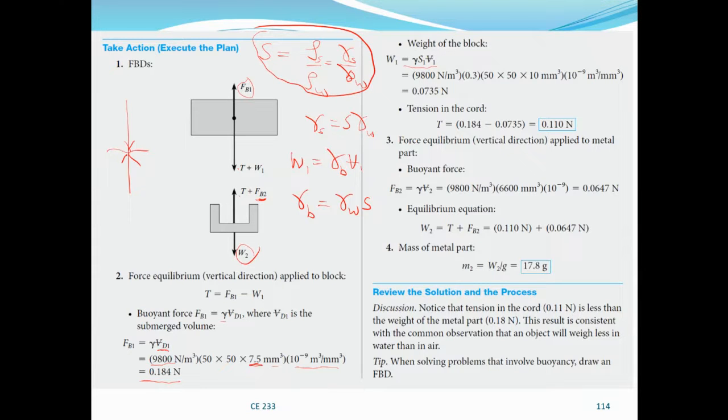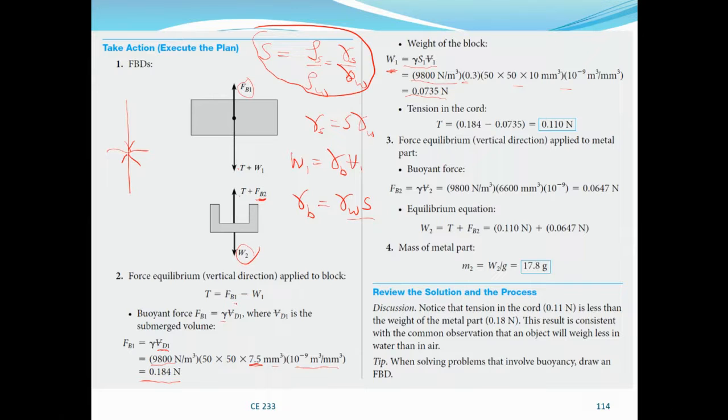So that's why here we are multiplying the specific weight of water times the relative density. And then this is the volume. We use the complete volume because we are interested in finding the total weight of the block.